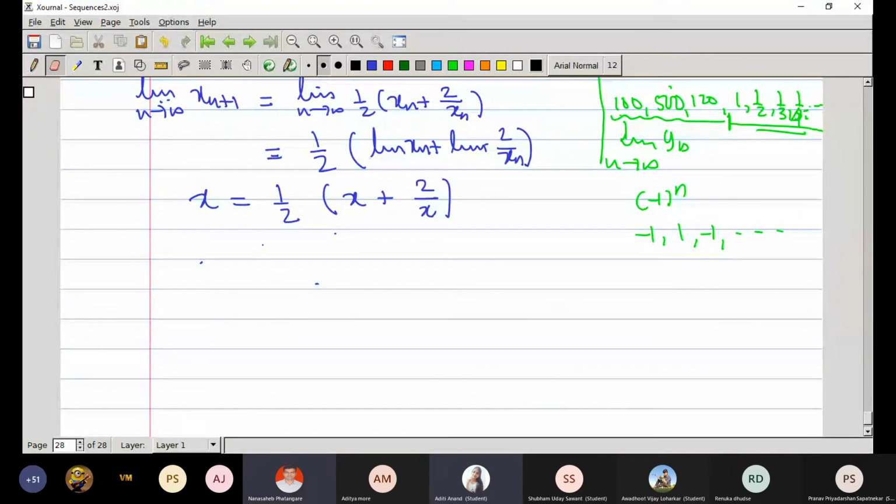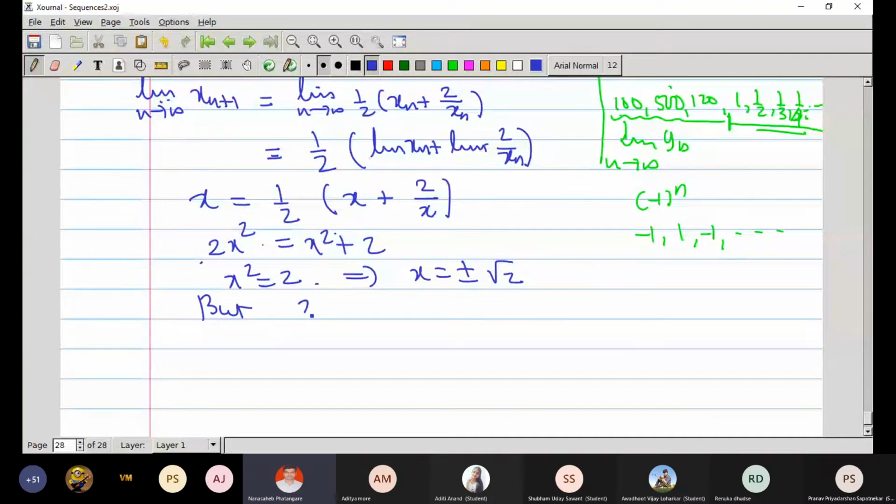Yes. Sir, x is equal to root 2. Yes, root 2. 2x square is equal to x square plus 2, right? That means x square is equal to 2. That means x is plus minus root 2. There are two possibilities, right? When x square is 2, then x is either plus root 2 or minus root 2, right? But x is equal to minus root 2 is not possible.